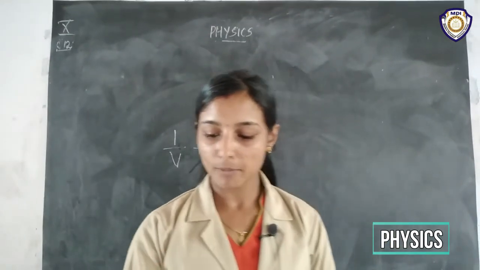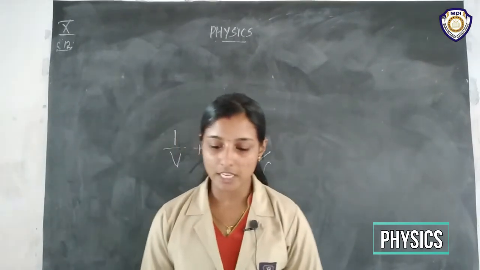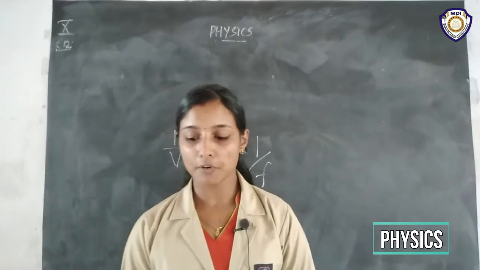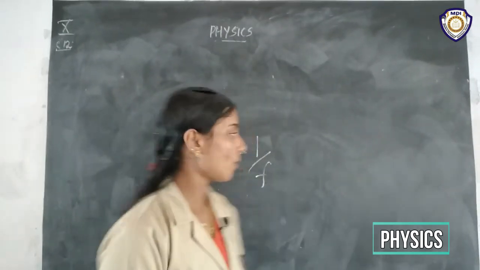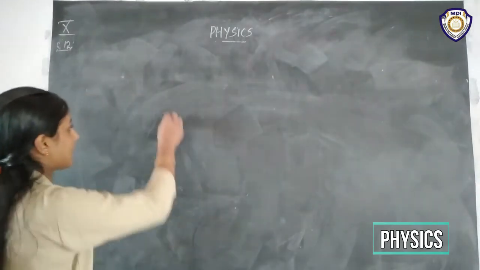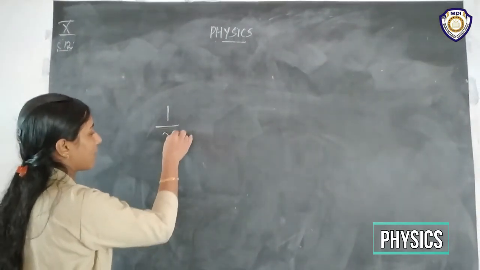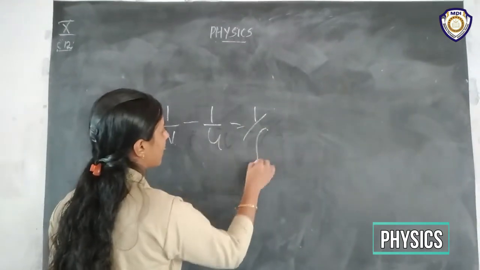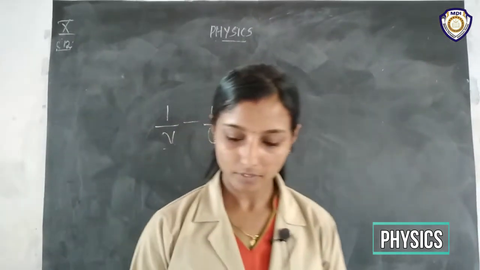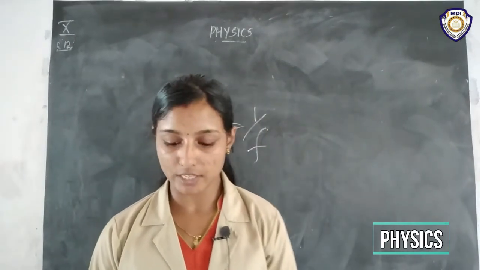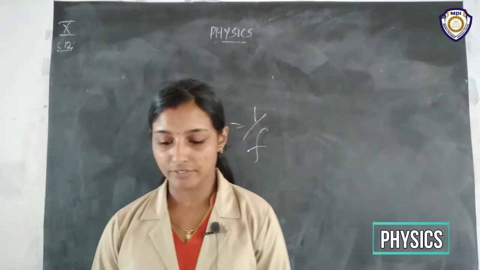This formula gives the relationship between object distance u, image distance v, and the focal length f. The lens formula is 1 by v minus 1 by u is equal to 1 by f.